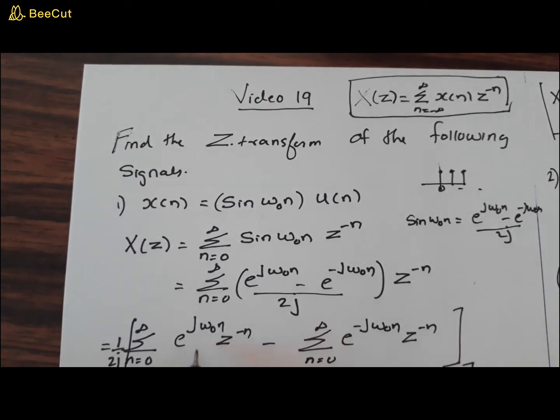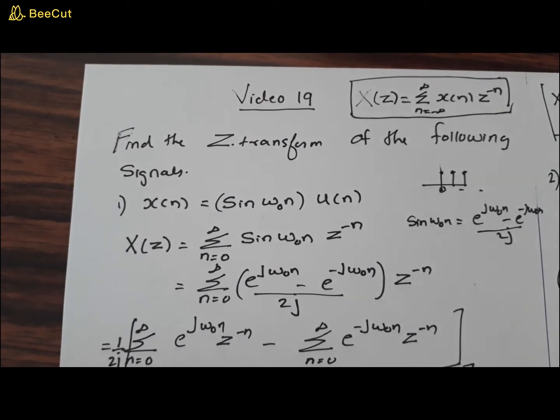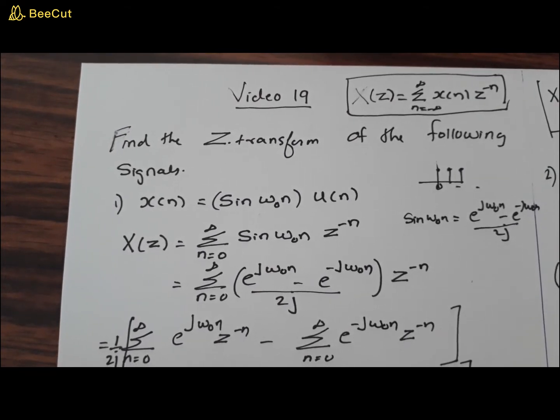Now you can take this n outside from the powers of these two exponential signals. So e raised to j omega 0 into z raised to minus 1, the whole raised to n. This becomes e raised to minus j omega 0 into z raised to minus 1, the whole raised to n. Do remember there is only one difference: here you have e raised to j omega 0, and here you have e raised to minus j omega 0.